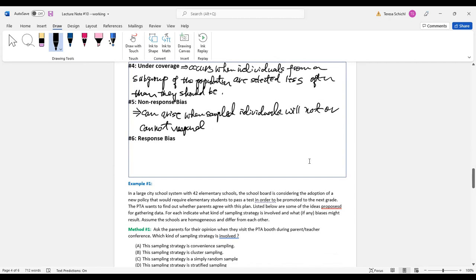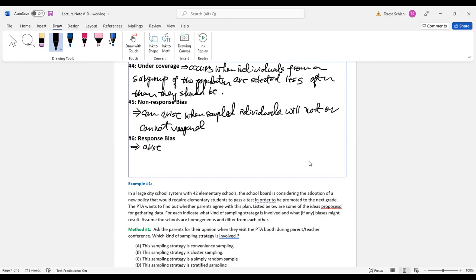Okay, next is response bias. Even if people answer, it doesn't mean they answer correctly, without bias.